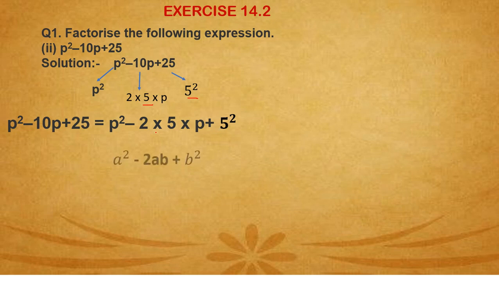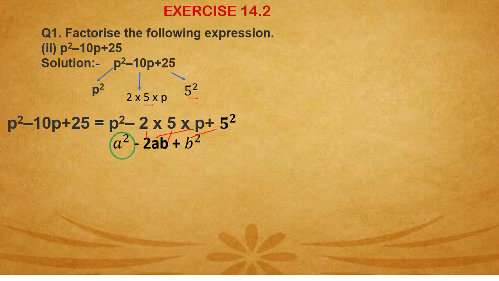Now again when we compare, p square is a square, minus 2ab, that is 2 into a, that is p here, and b, that is 5.